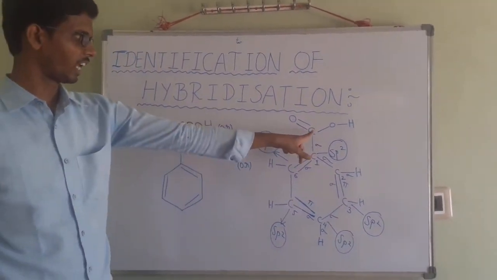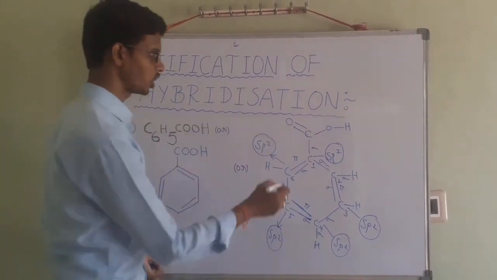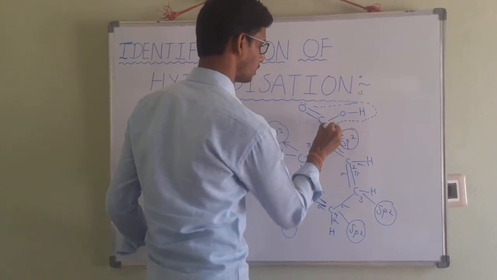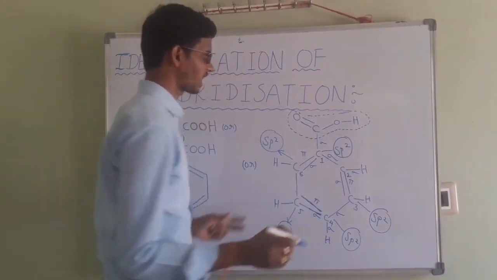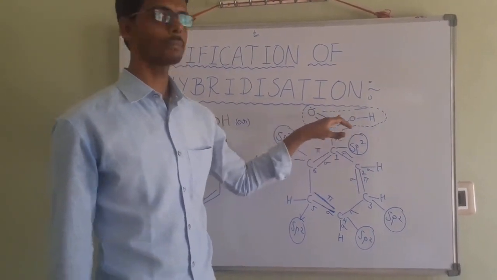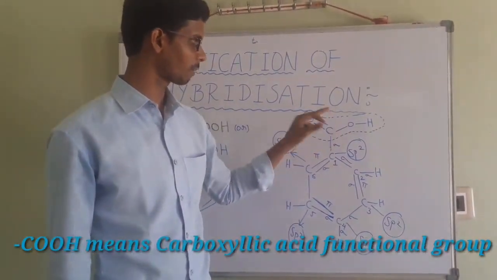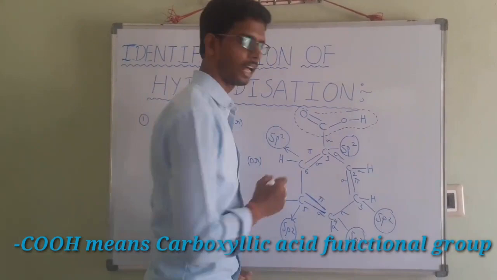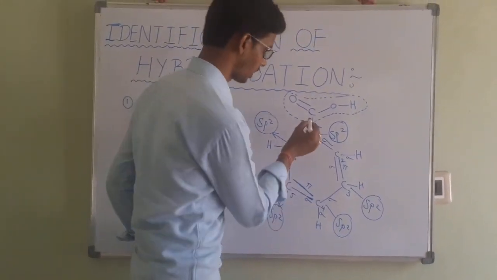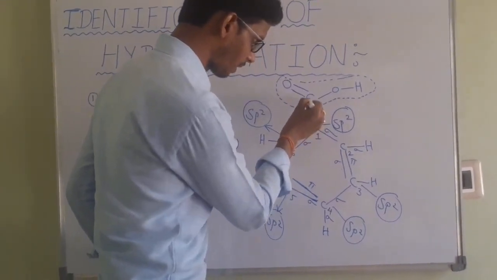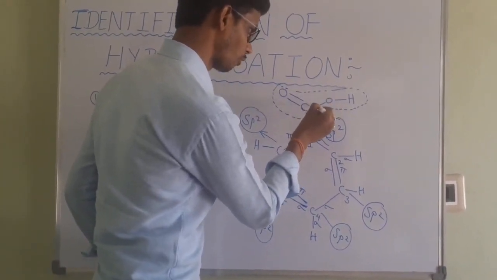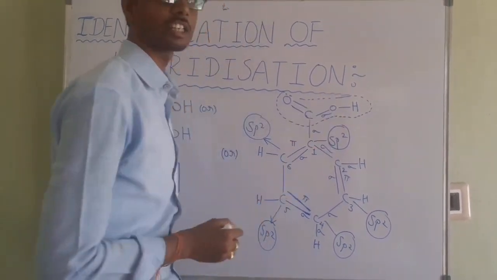Next, let us see the functional group COOH. This is carboxylic acid. This benzene is holding COOH, that is aromatic carboxylic acid. It has one carbon. How do we find out its hybridization? The same way. Here the carbon and carbon bond is sigma. Next, the carbon and oxygen single bond is also sigma.